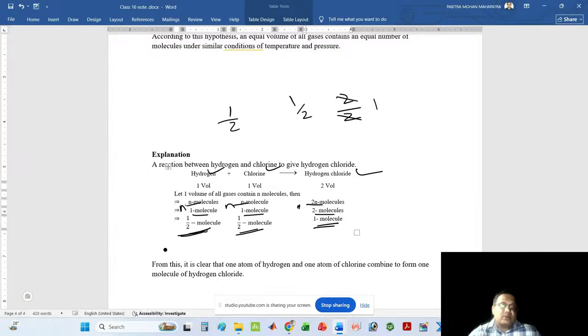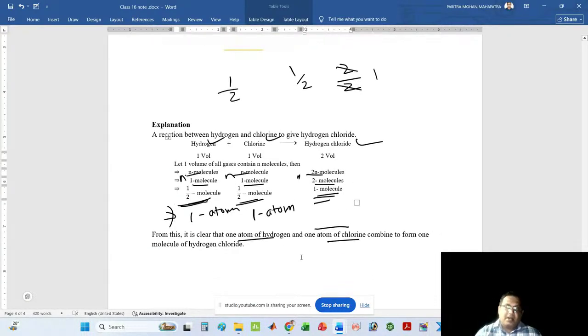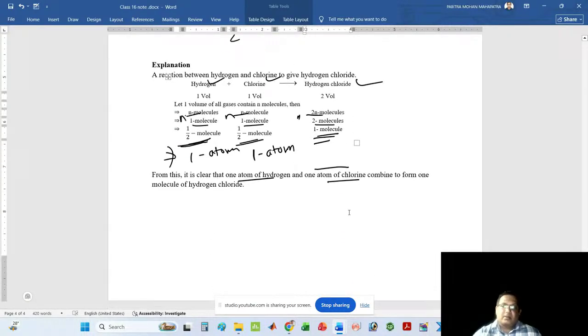Here half molecule of hydrogen means you can take one atom of hydrogen. Half molecule of chlorine means one atom of chlorine. Here we can think about one molecule of hydrogen chloride. That means it is clear that one atom of hydrogen and one atom of chlorine combine to form one molecule of hydrogen chloride.